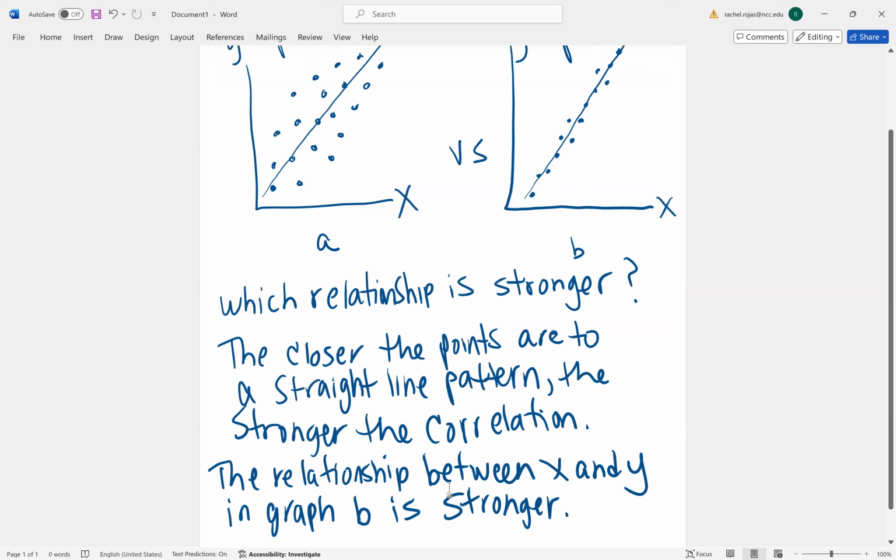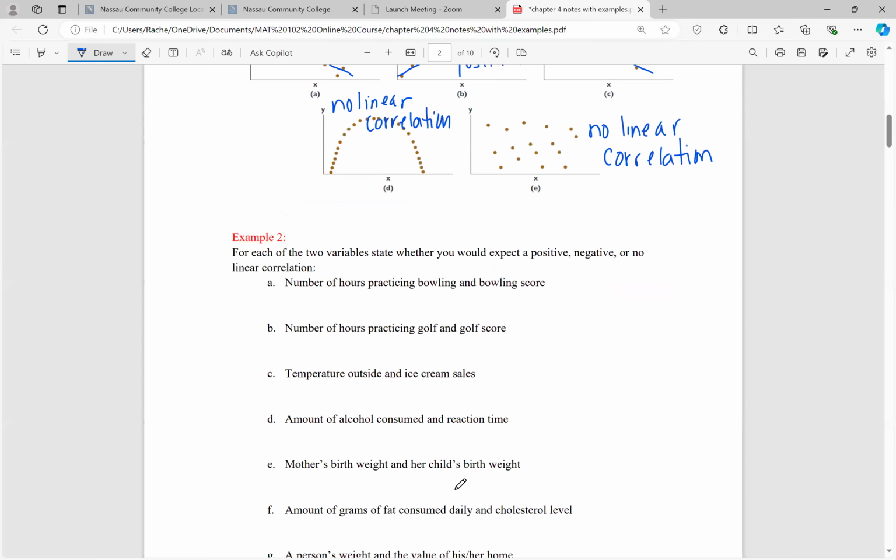The points in graph B cluster more closely around that imaginary line. And we're going to talk a lot more about the strength of these positive and negative linear correlations, but I did want to point that out. So let's go back to the worksheet and we'll do example 2 and then we'll wrap up this lesson.